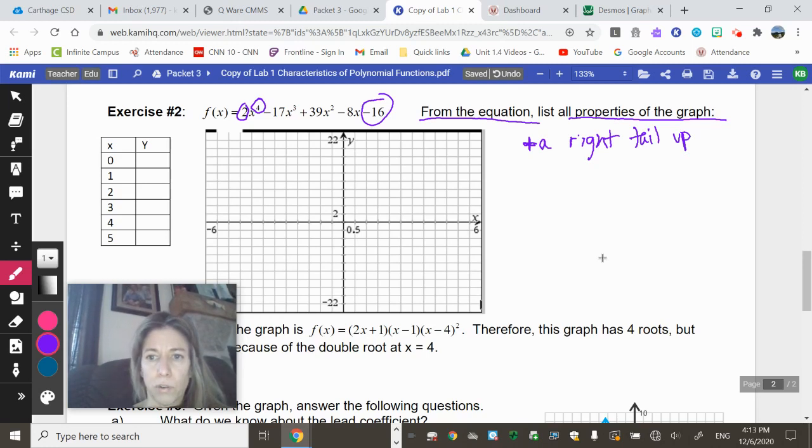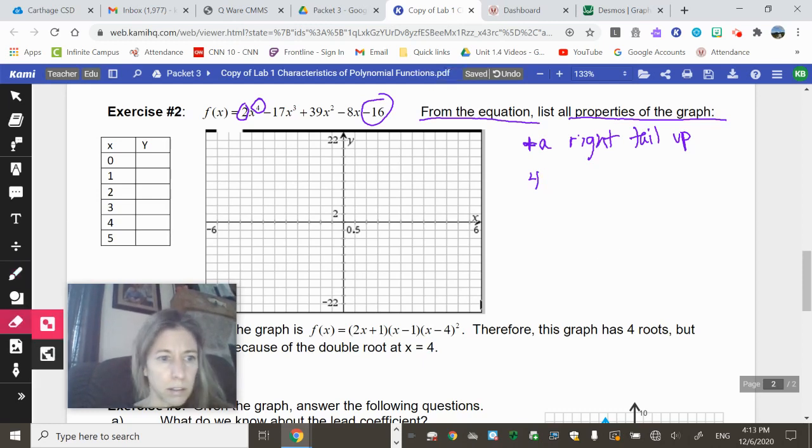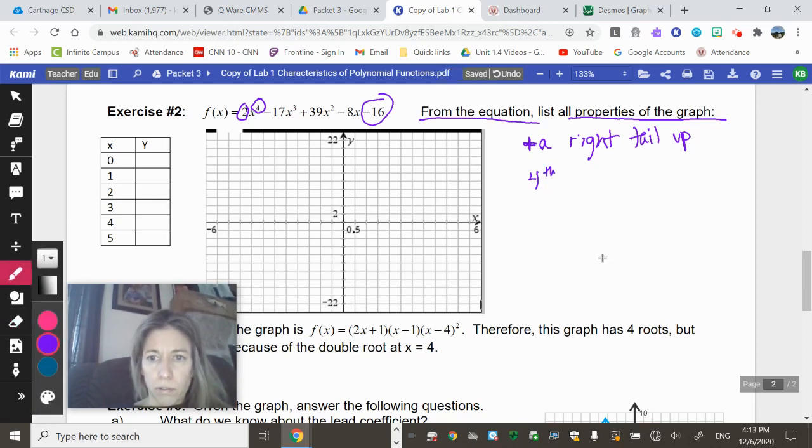All right, and it's a 4th degree, which is an even number. So the tails are going to go in the same direction. So since the right tail is up, both tails are up. Okay, both tails are going to be up.